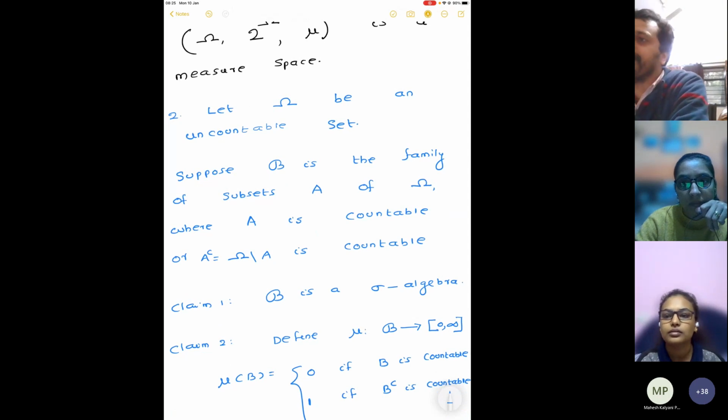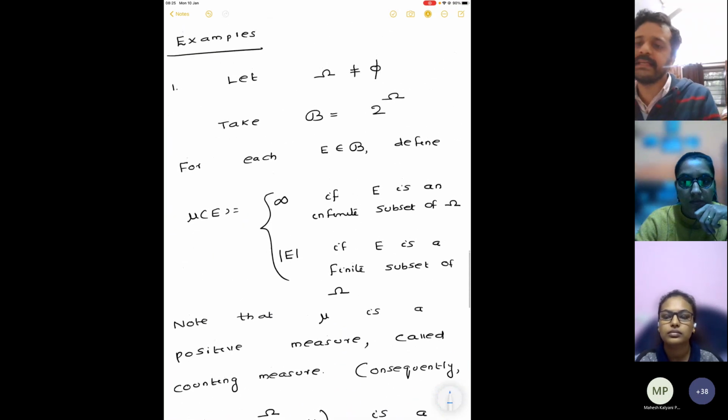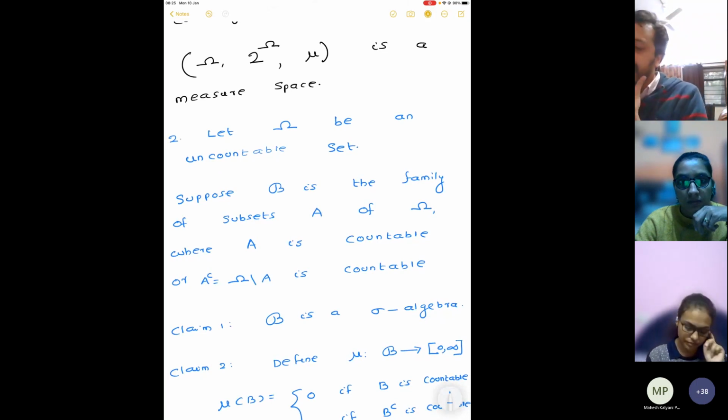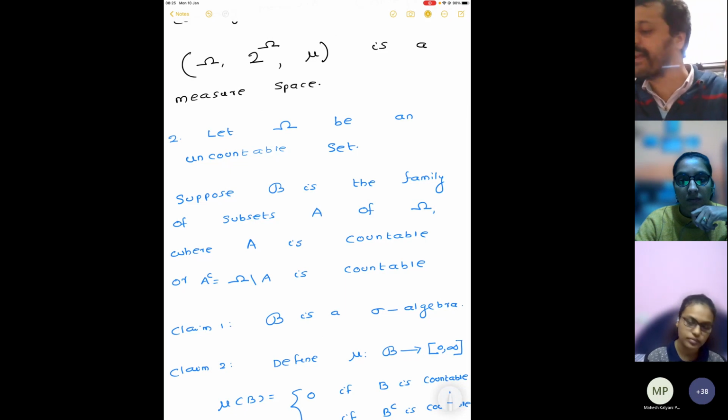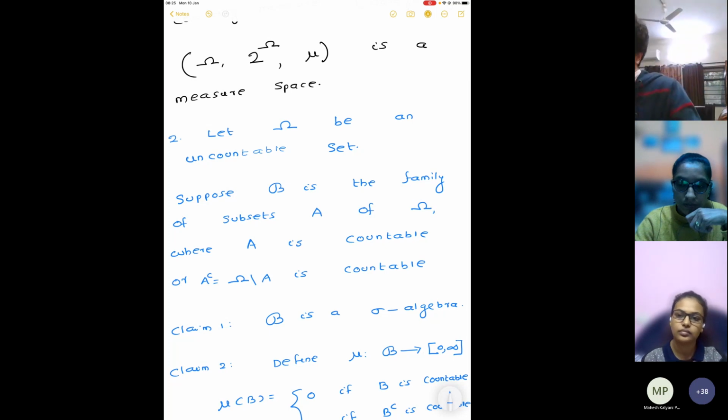Yeah, B will be the power set, which is not of interest. Already we have given an example by taking the entire power set as sigma algebra. So that we wanted to avoid, that's why. Otherwise, there is no other reason for taking omega to be an uncountable set. I want to have a sigma algebra which is not the entire power set.